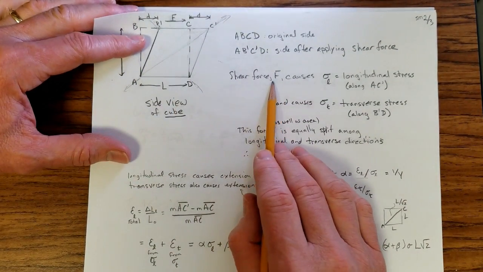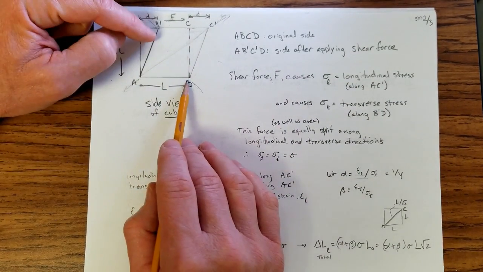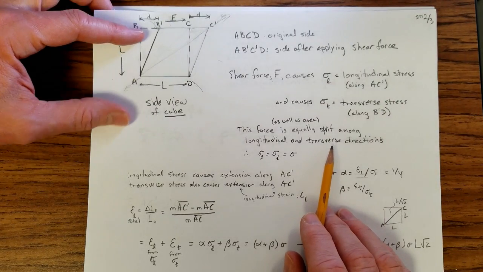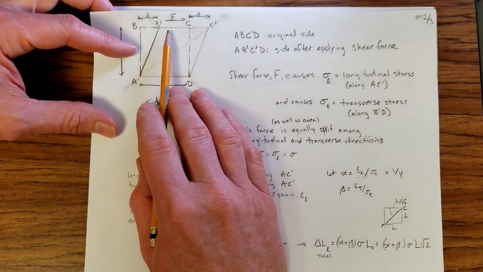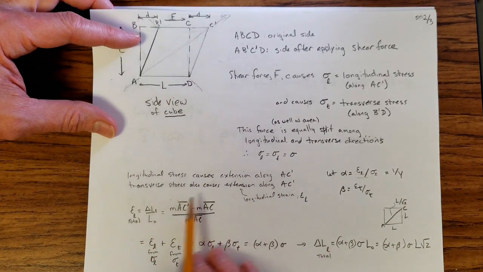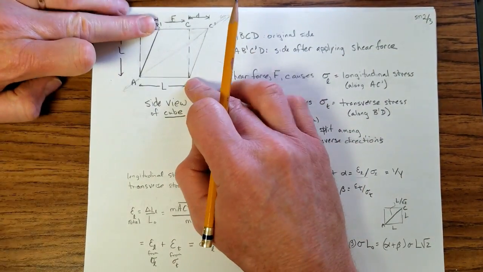This shear force causes a longitudinal stress and a transverse stress. We can assume that those two stresses are the same because there's no reason why that force would favor one direction or the other. Now, if I'm pulling on here, let's ignore this force for just a moment.